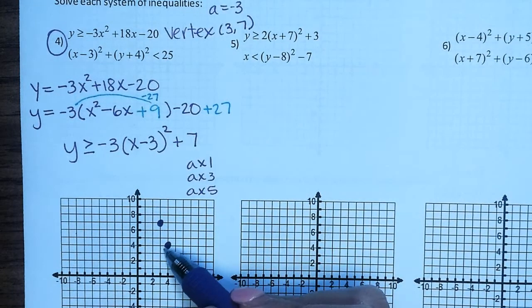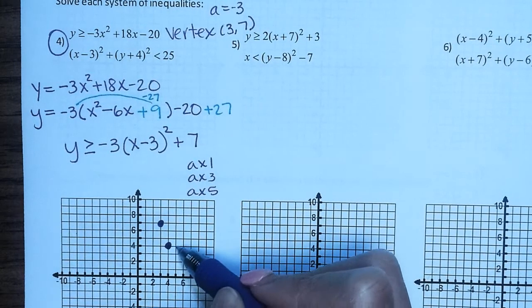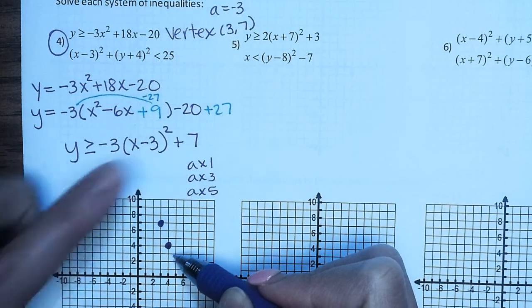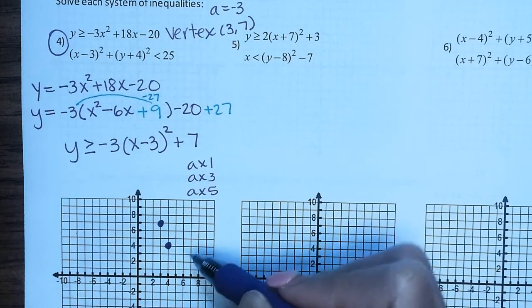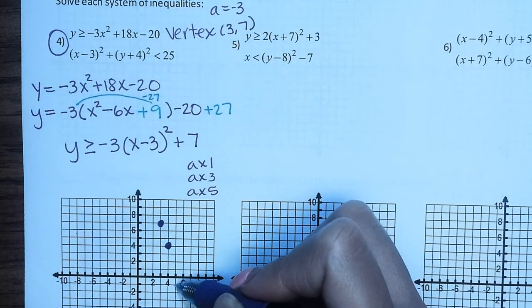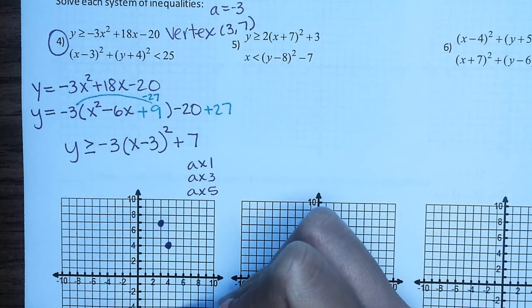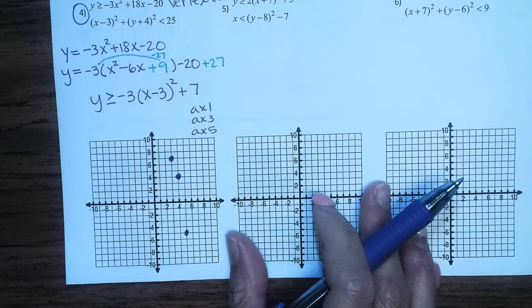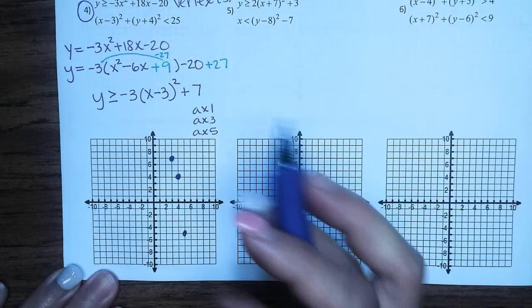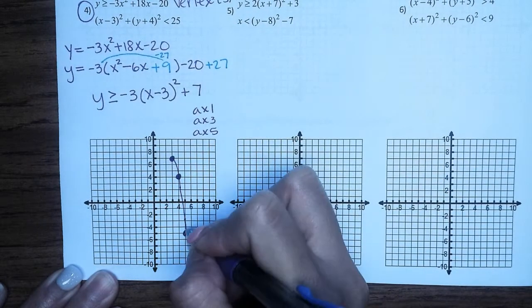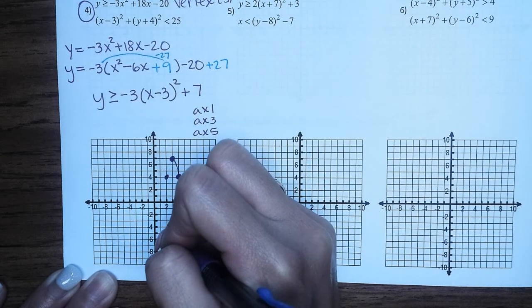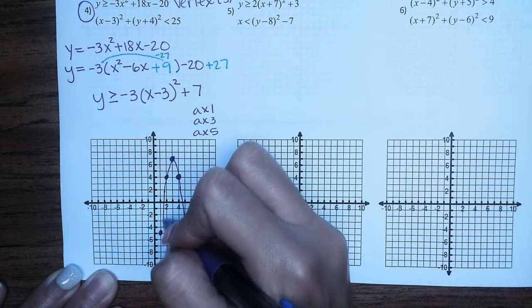From that point, I'm going to go to the right one again, and this time do negative 3 times 3, so negative 9. 5, 6, 7, 8, 9. And I don't think I can fit any more points like that. That's all I can fit. So make the parabola. The other half is symmetrical, like this.